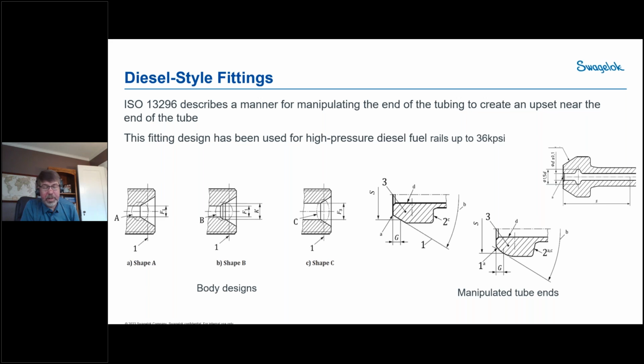This is done through special equipment, which is required to force the tubing, bend the tubing, and smash the tubing into the cone shape you see on the right. So it requires specialized equipment, but it has the same basic design features as the flare style I just showed. There's a nut on that manipulated tube end that threads into the body, and it acts very similar to the flare style.